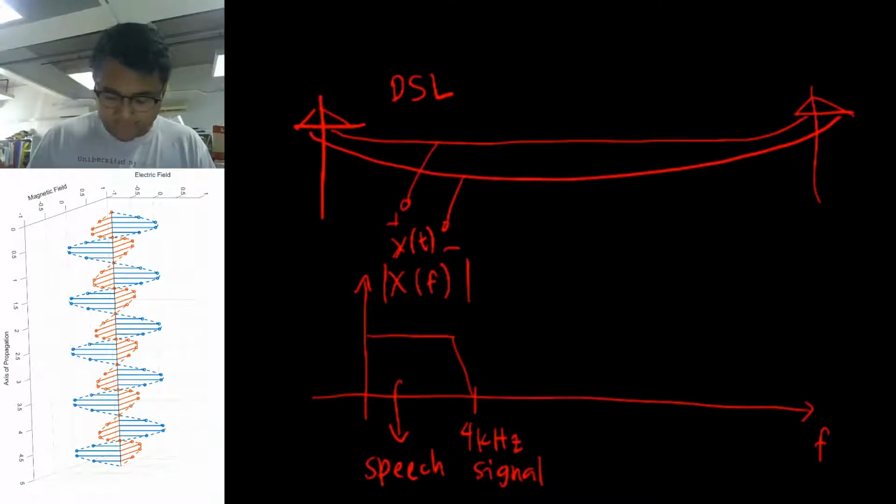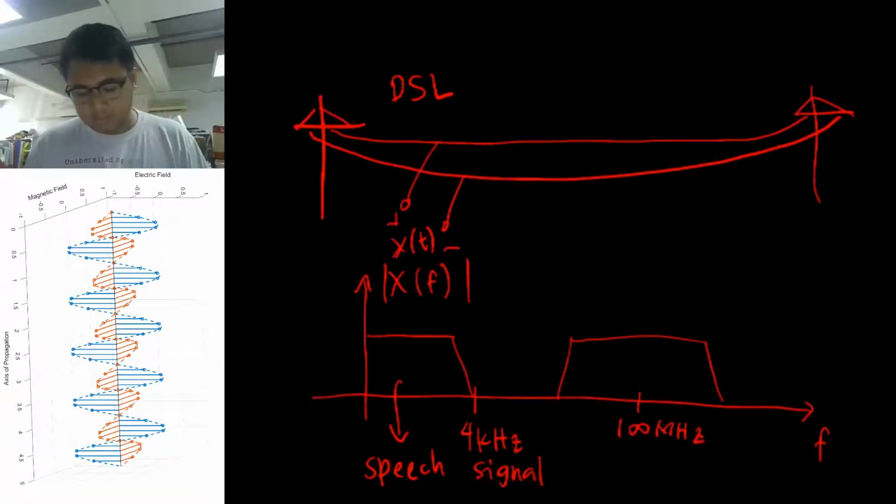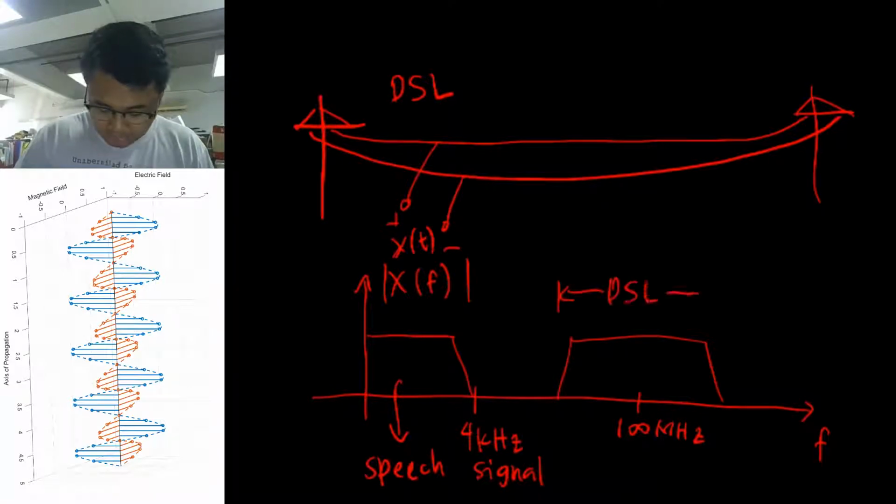And somewhere at the higher frequency, I forgot the frequency, I think it's around 100 megahertz or so, this is the bandwidth for your digital subscriber line. This is the bandwidth at which you transmit your internet data using the telephone lines.